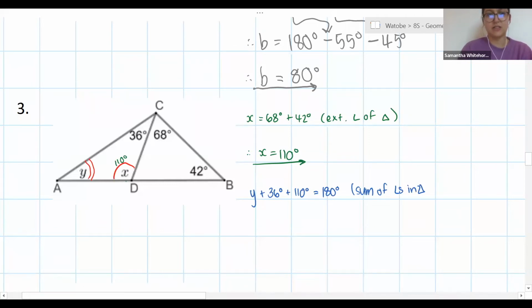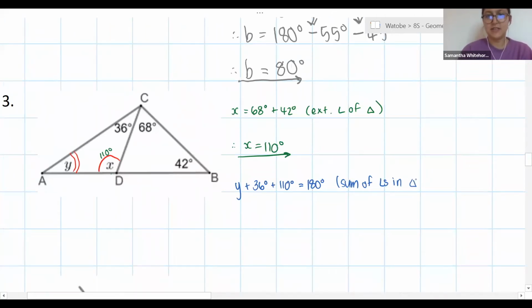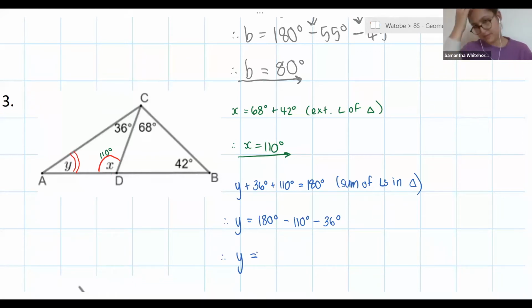Keep going. y is equal to 180 minus 146. Okay, cool. So 146 because 110 and 36 give us 146. Perfect. So y is 180 minus 146. Y is equal to 34. Good. Well done. Thank you, Cornelia.